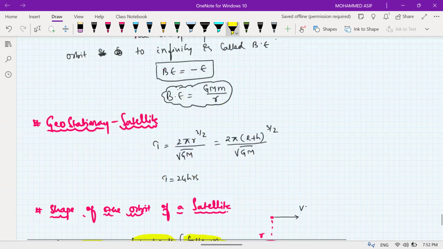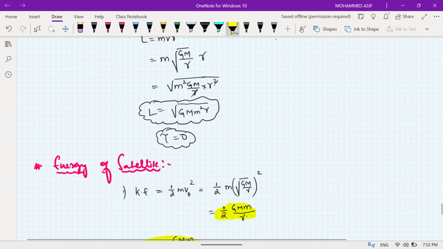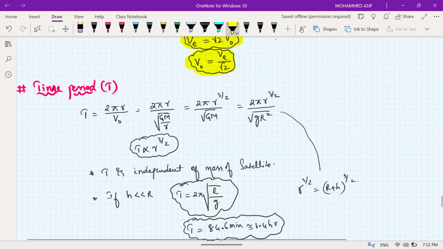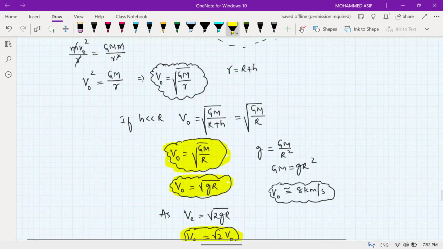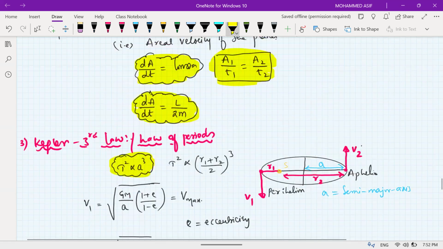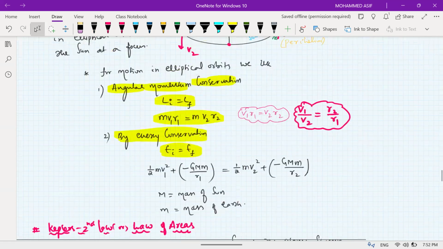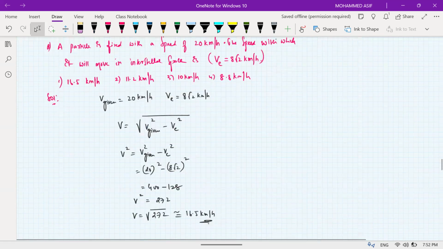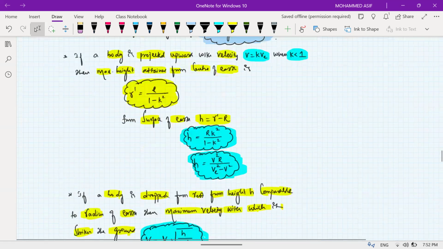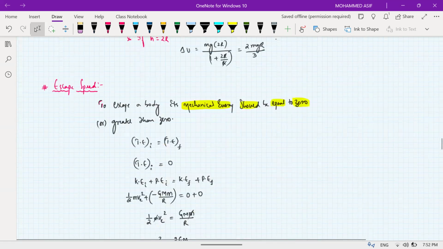Okay. So this was related to your escape velocities as well as orbital velocities and binding energy. Total energy, potential energy, have we done it? Have we done gravitational potential energy? Escape velocity we have done.